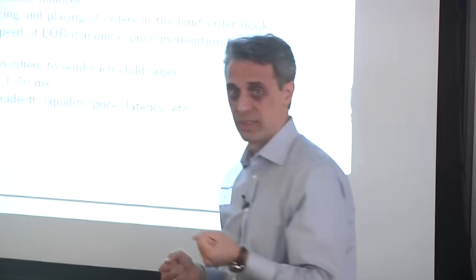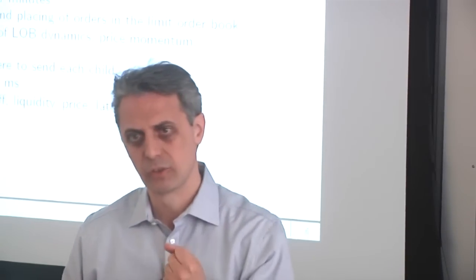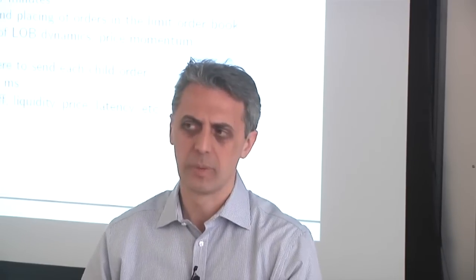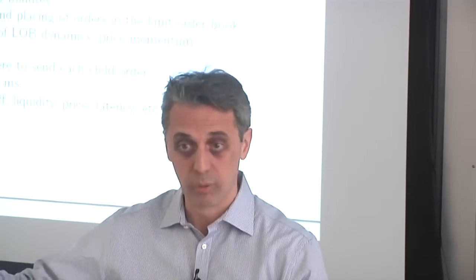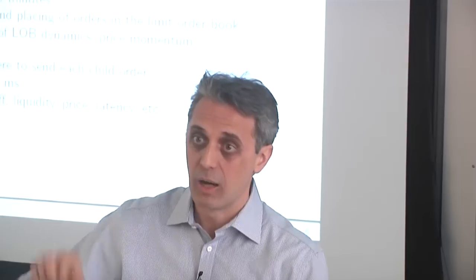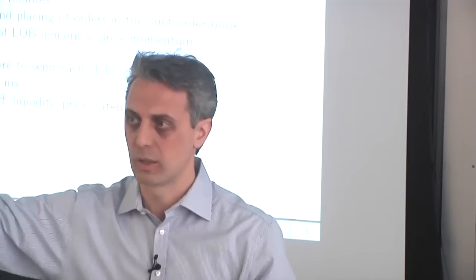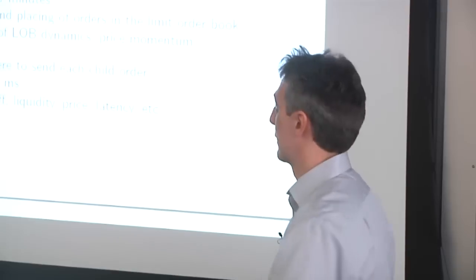The relevant time scale, if you think of what the machine is doing, is that it is evaluating trade-offs on time scales of minutes to hours. Should I do it now or 10 minutes from now? This is not the point where you're making sub-millisecond decisions. This is about now or in half an hour, now or at 3:30 when there is a lot of liquidity, now or into the close where the liquidity picks up quite a bit.